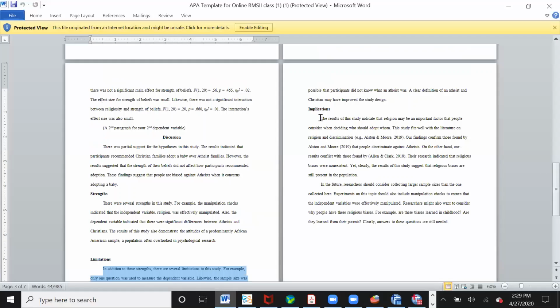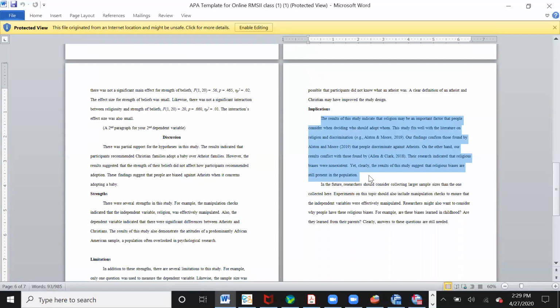Under implications, this part can be difficult to write too, because you need to think about how does your research fit in with the previous research, the research you read in your introduction section. Does it agree with it? Does it contradict it? You're going to need to point that out. And then in the last paragraph, you should have a future directions paragraph.